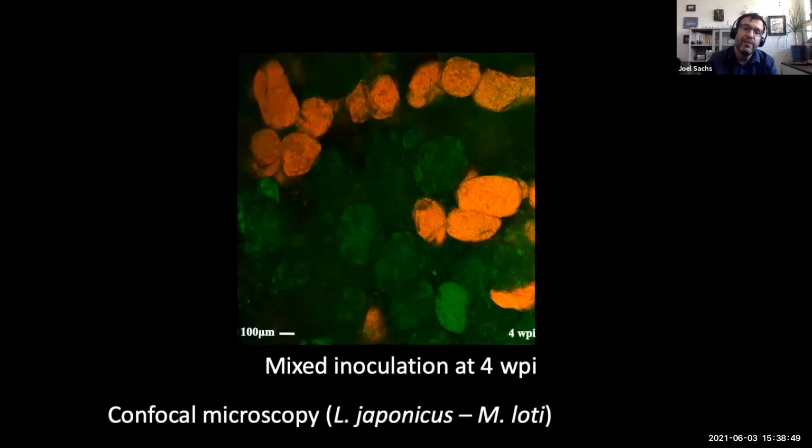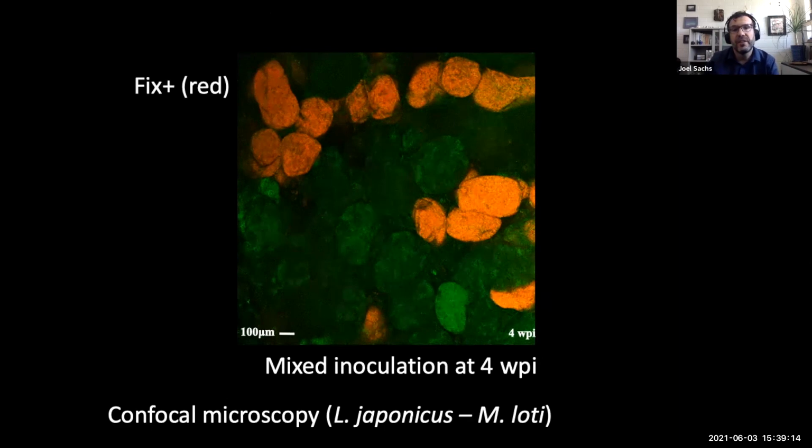So we co-infected plants, and again it was relatively easy to recover nodules that had the same sectored appearance. Here we can prove that it's occurring because we've got GFP and RFP expressing plant cells that are infected with these different genotypes of rhizobia. This is very early in infection, before we'd expect the senescence to occur.